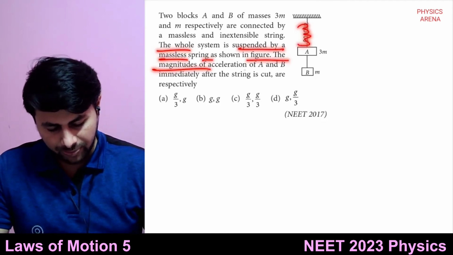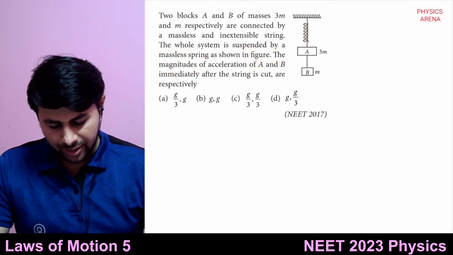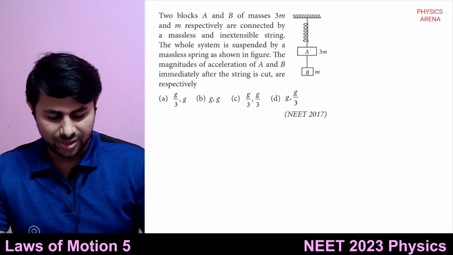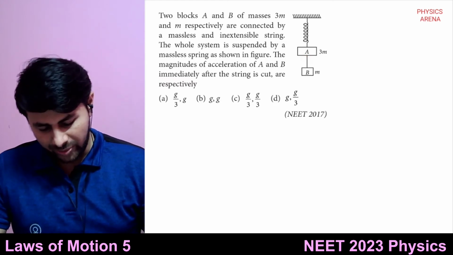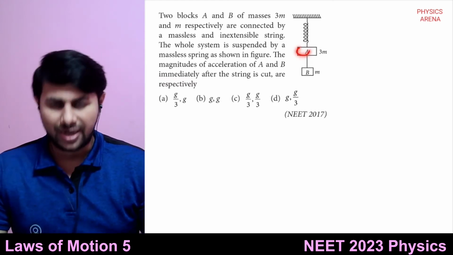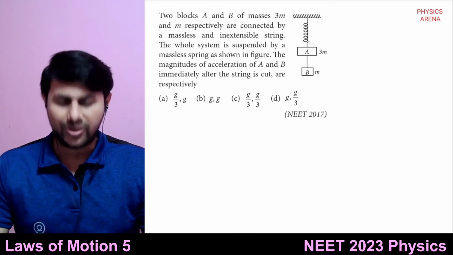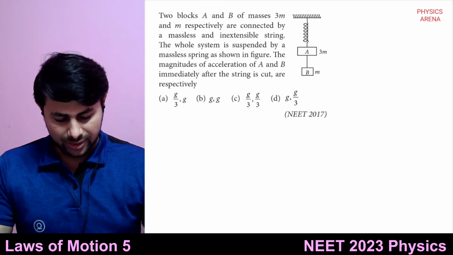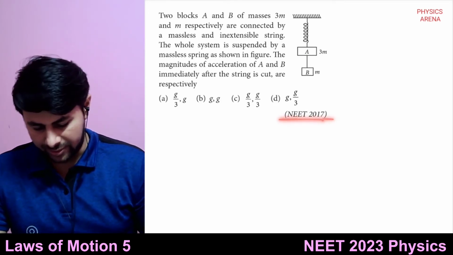Find the magnitudes of acceleration of A and B immediately after the string is cut. So when the string is cut, what will be the acceleration of A and B? That is what we have to find out. Okay, this is from NEET 2017.